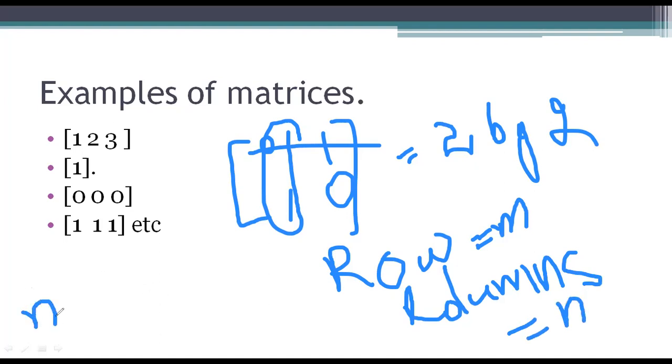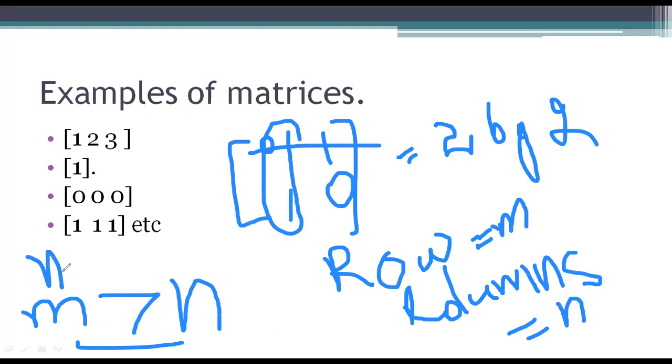When m is greater than n, then it is a rectangular matrix because the number of rows is greater than the number of columns. Or when m is equal to n, the number of rows and columns are equal, as in this matrix here, with 2 rows and 2 columns.